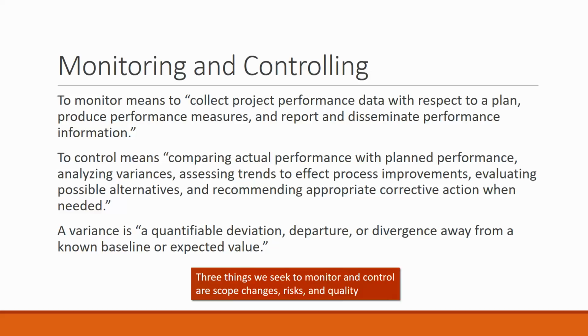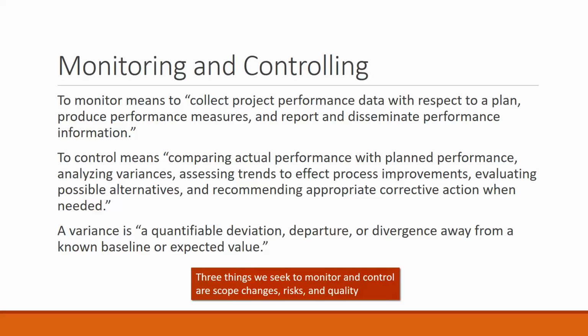We need to possibly evaluate alternatives and make recommendations for corrective action when needed. So controlling is all about comparing what we said we would do against how we actually did, and figuring out why that was different and putting in corrective actions as needed.